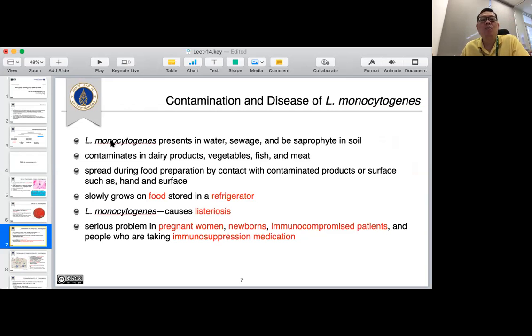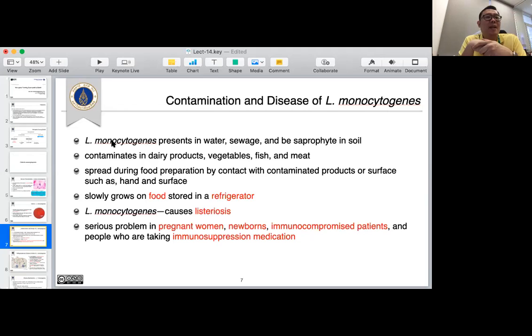Normally, L mono is present in water, in sewage, and also in soil. Once they are present in soil, they contaminate vegetables, and meat, in pig, in cow, in whatever. Once they contaminate cow skin, the farmer gets milk from the cow, so L mono contaminates milk.